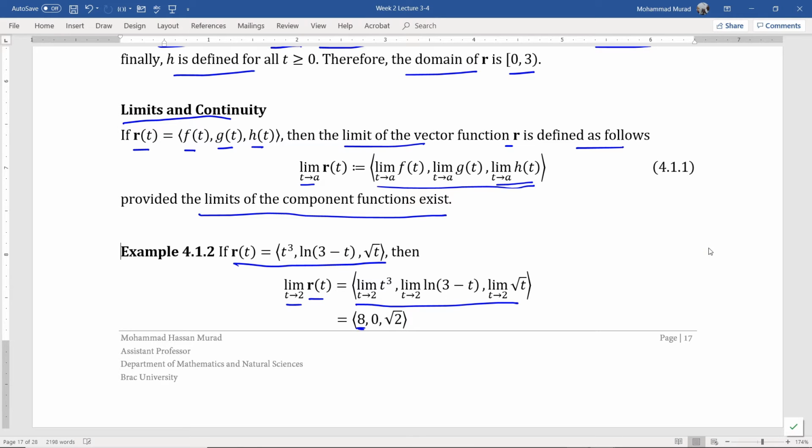The second component is the limit of the natural log of 3 minus t as t approaches 2, which gives the natural log of 1, which becomes 0. And the third component of the limit is the limit of the square root of t as t approaches 2, which gives us the square root of 2.